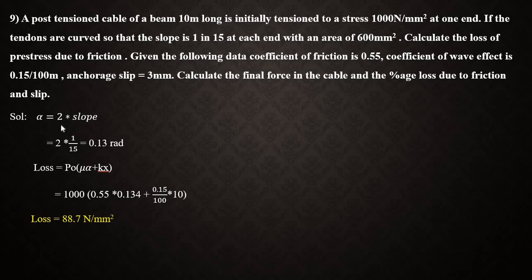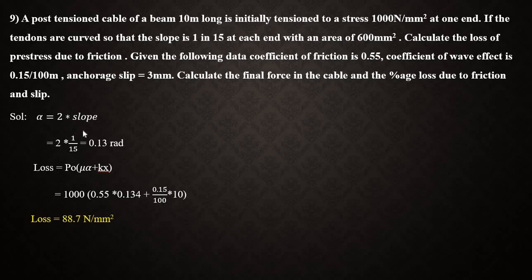We know that for a parabolic or curved variation of a tendon, the alpha value is 2 into slope.